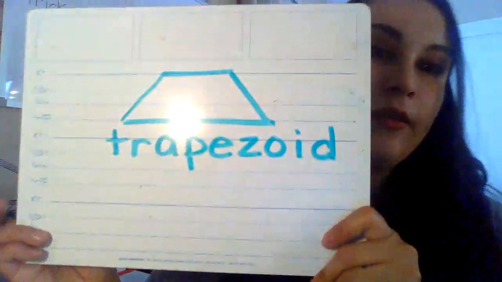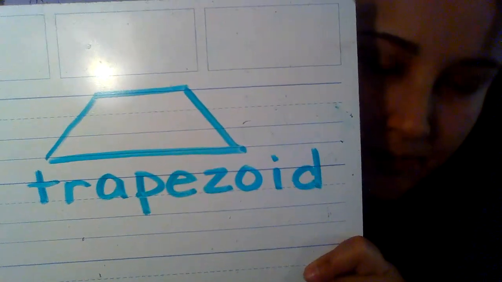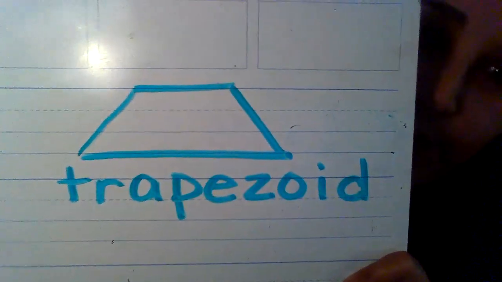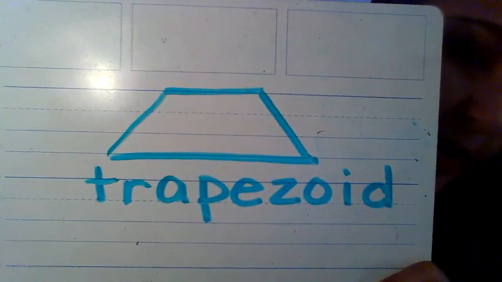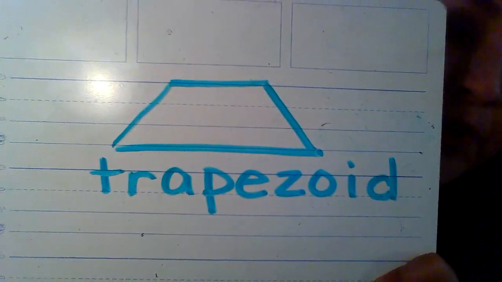Don't laugh. Trapezoid. This shape is like a square because it has 4 sides and 4 corners. And it's also like a rectangle because it has 4 sides and 4 corners.